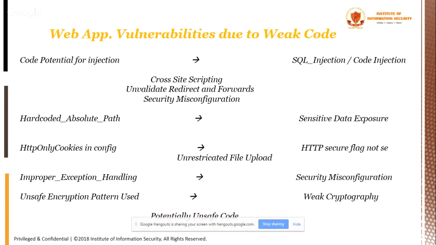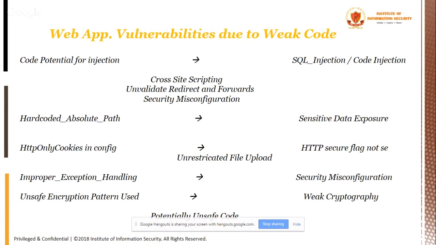And there I have added potentially unsafe code at the end. Potentially unsafe code means, in my application code, the application is taking user input, anything, like the user entering a system level command.